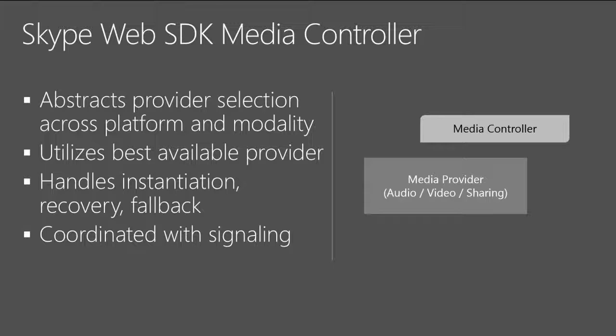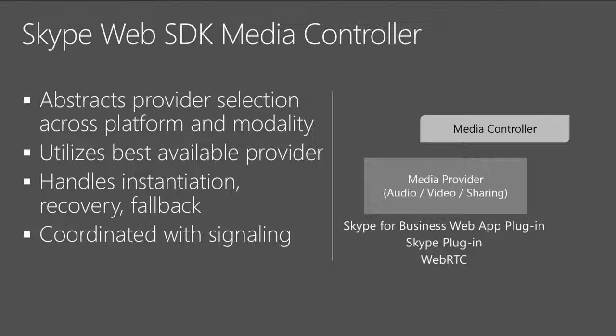And it's coordinated with signaling. So in situations where, for example, you have to retry, or you have to think about instancing in a new route, the controller can help moderate with the actual underlying media provider. We think this is a great way to build the foundation that will let you bring in and connect WebRTC as it matures and becomes available later in the year, but it also gives you the best of both worlds.